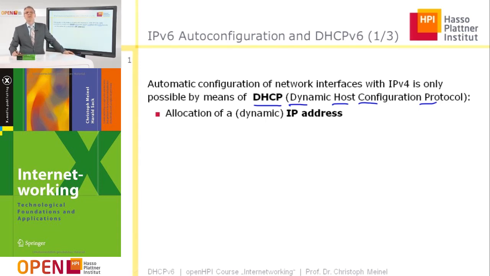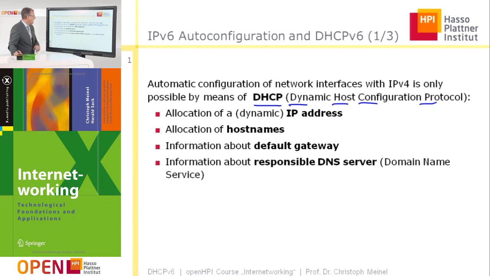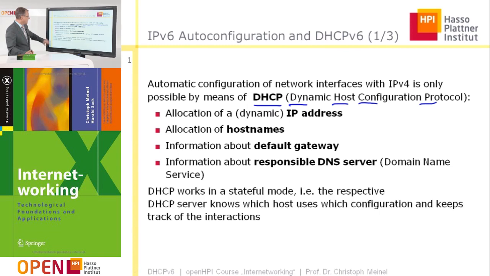The DHCP protocol was responsible to dynamically allocate an IP address to the host, to allocate a host name, to provide information about the default gateway and information about the responsible DNS server. DNS, the domain name service.